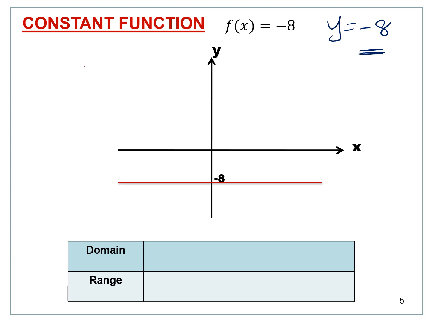After that, how do we write the domain? Sometimes we write D_f, the domain of f. From here we can see that all x are mapped to y, from negative infinity to positive infinity. For the domain we refer to x. All x are mapped to y, which is -8.